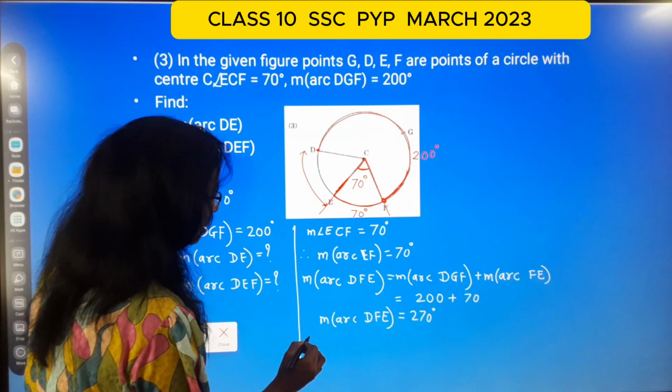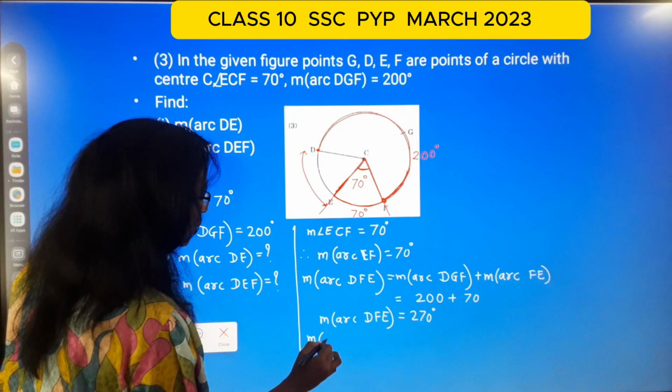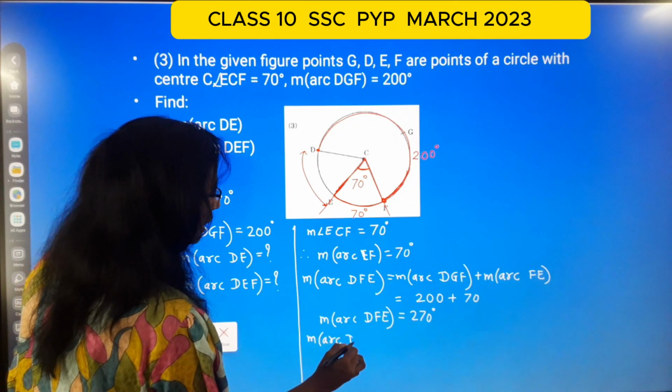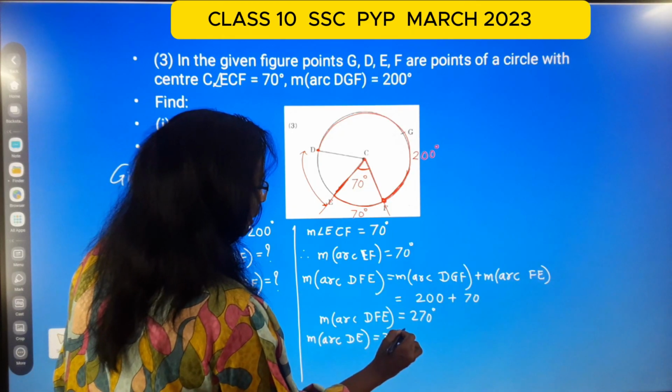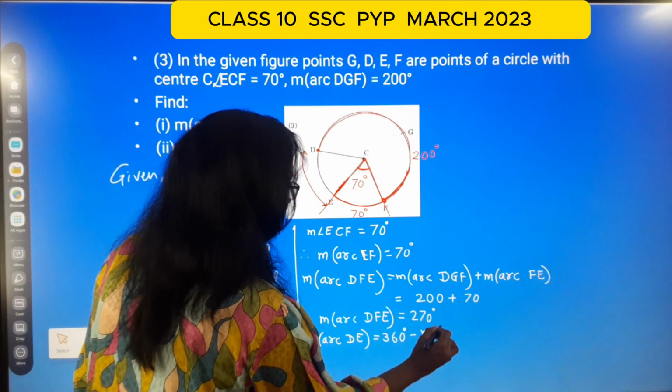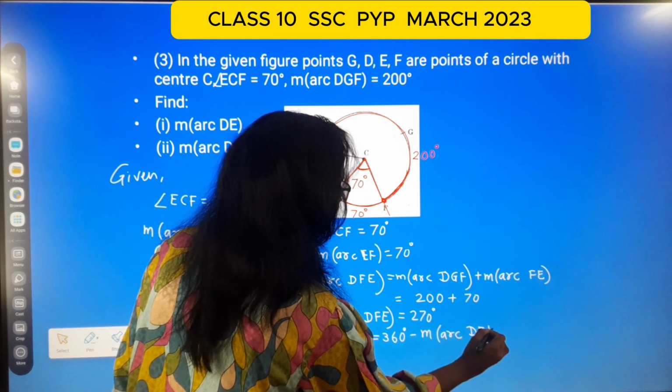Now here use the measure of the major arc: the major arc DE is equal to 360 degree minus major arc DFE.